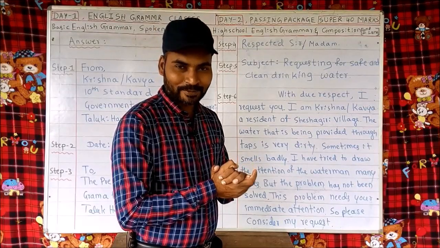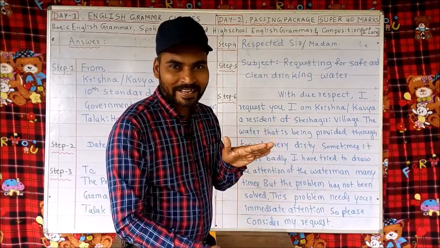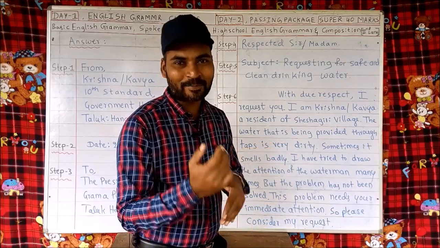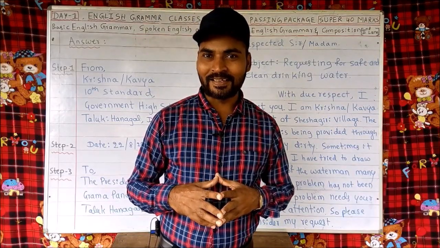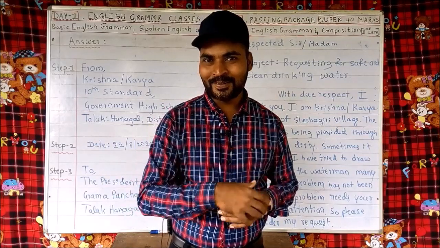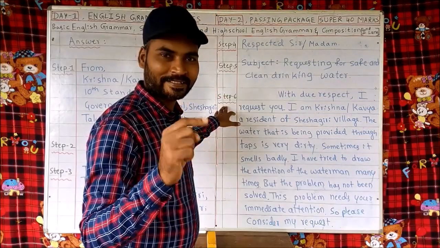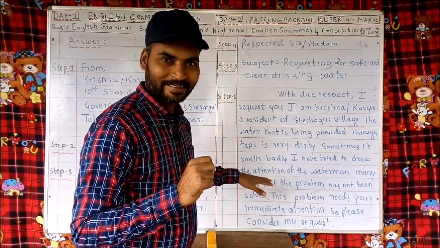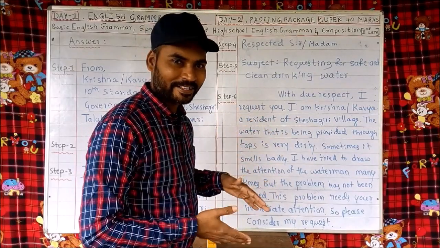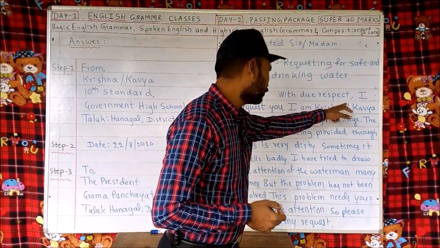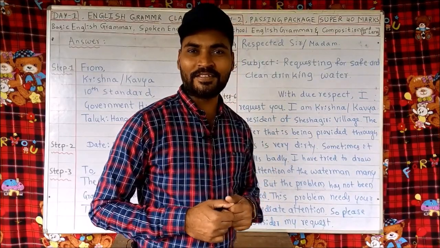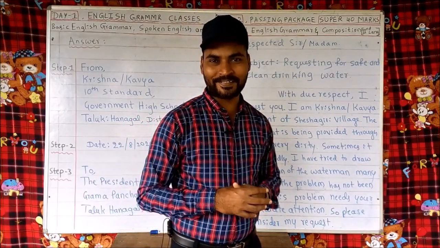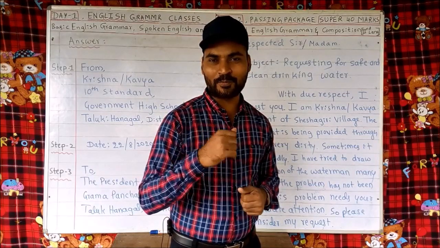Now in step 6 we should expand that, we should explain that problem so that the responsible person will look into the matter and try to solve that problem. Step 6, body of the letter: whatever matter we have written, that we should explain. With due respect, I request you. I have mentioned 2 starting points in the body of the official letter.